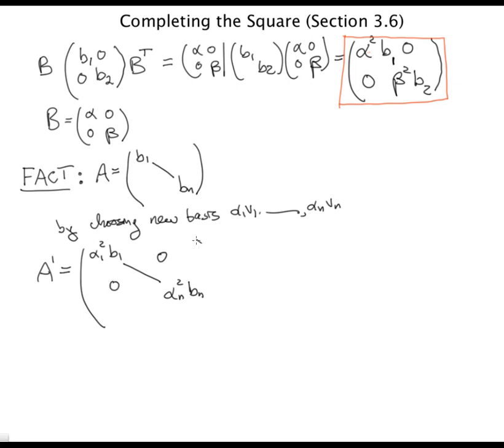And let's see, what's the point here? So alpha 1 squared is some positive number. All of these, so you're allowed to scale by some positive number. And so you could arrange, by taking alpha i to be the square root of Bi, you could actually make these all come out to 1.